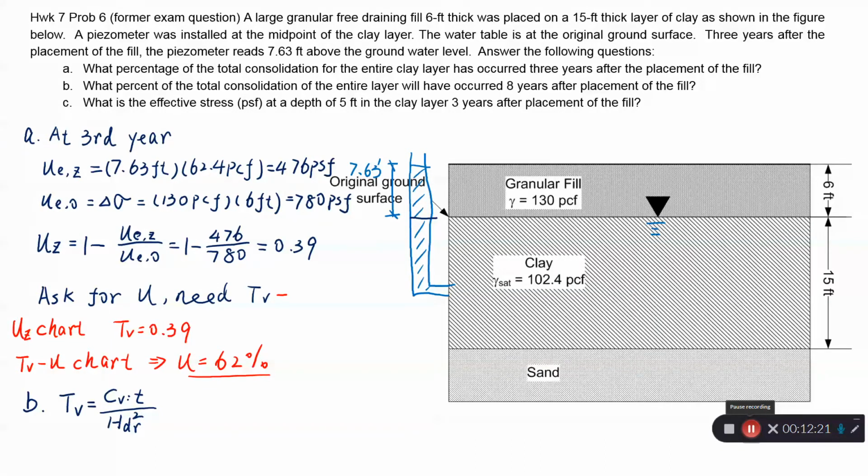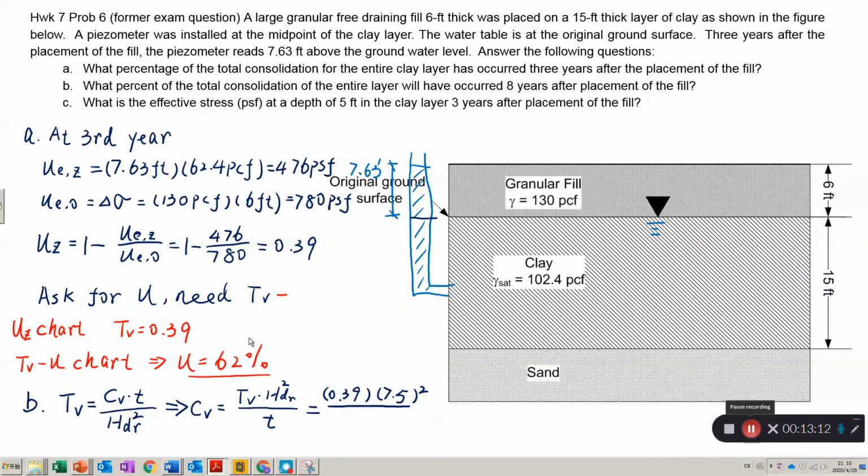So that means if I enter TV and the time t, I can solve for the constant C sub V. So C sub V equals TV times HDR squared over T. Right, so it equals TV 0.39 and, oh sorry, HDR 2A, so HDR is 7.5, half of the thickness, 7.5 squared, and it's 3 years, divided by 3 years.